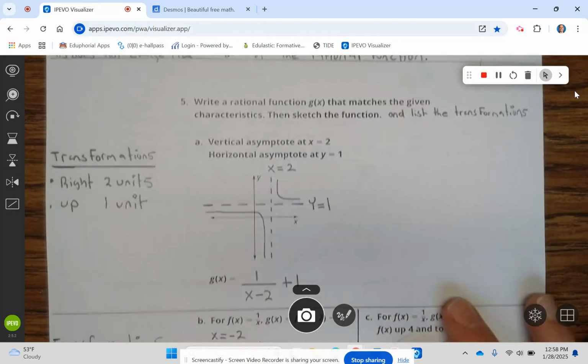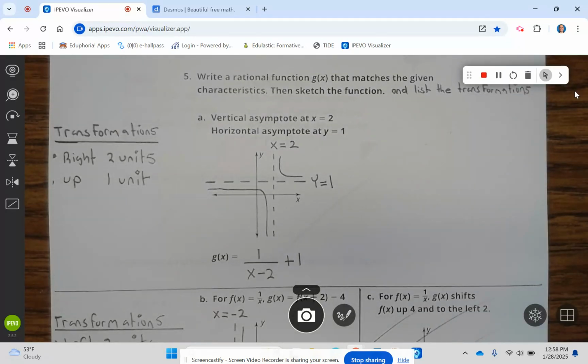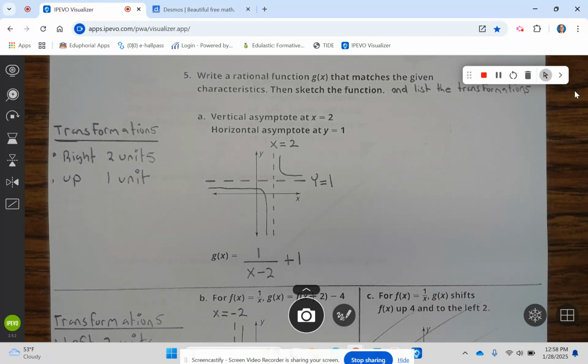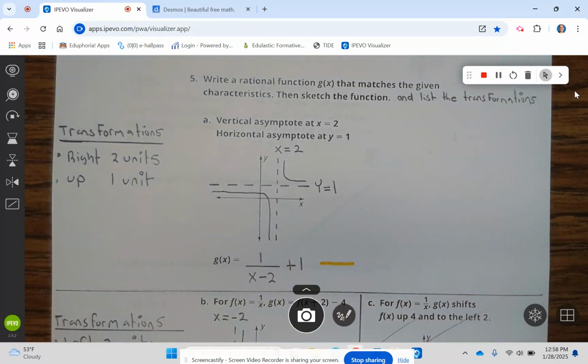All right, let's take a look at number 5. Write a rational function g of x that matches the given characteristics and sketch the graph and list the transformations. Okay, so the function, let's just graph in yellow, is g of x equals 1 divided by x minus 2, plus 1.